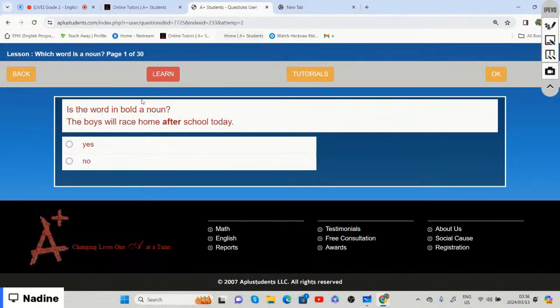So we say the boys will race home after school today. So if we look at this word after, right? They're asking, is this a noun? Do you think that after is a noun or not a noun? Remember, a noun names a person, a place, an animal, or a thing.